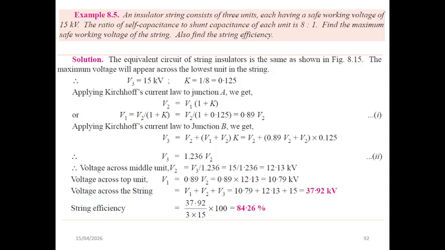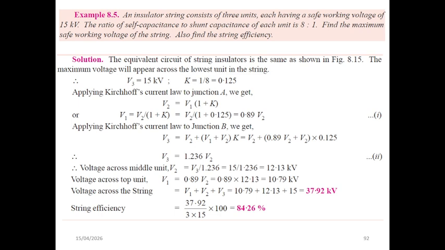So the objective is to determine the maximum safe working voltage of the entire string as well as the string efficiency. And this type of problem, as I told you, is very important in HV systems because it evaluates how effectively the insulator string utilizes its individual units under non-uniform voltage distribution conditions.